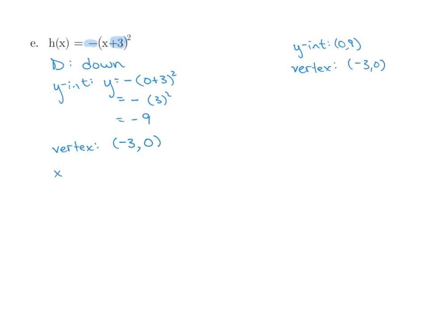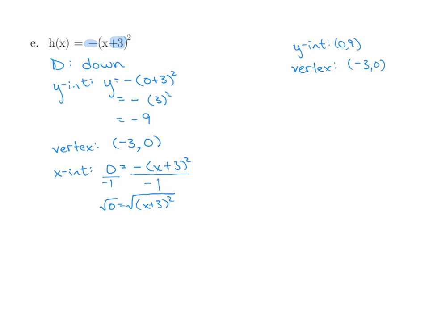So let's just confirm that. I'm going to plug in 0 for y. We get minus x plus 3 squared. If we divide by negative 1, we get 0 equals x plus 3 squared.